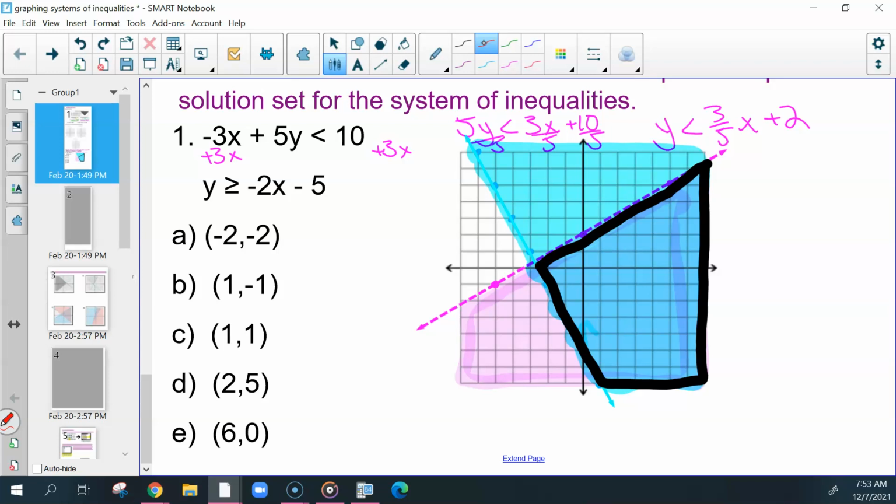So -2, -2 would. 1, -1 would. 1, 1 would. 2, 5 only falls in just the blue, so that would not work. And 6, 0 does.